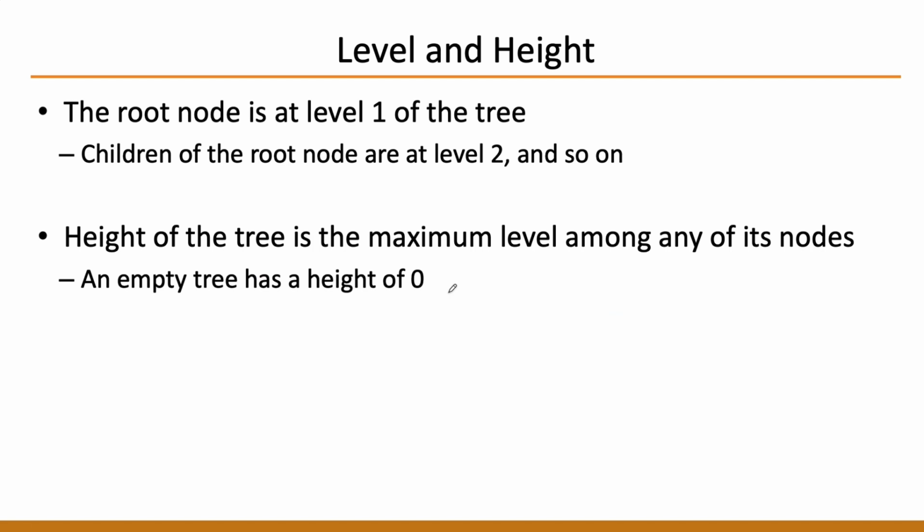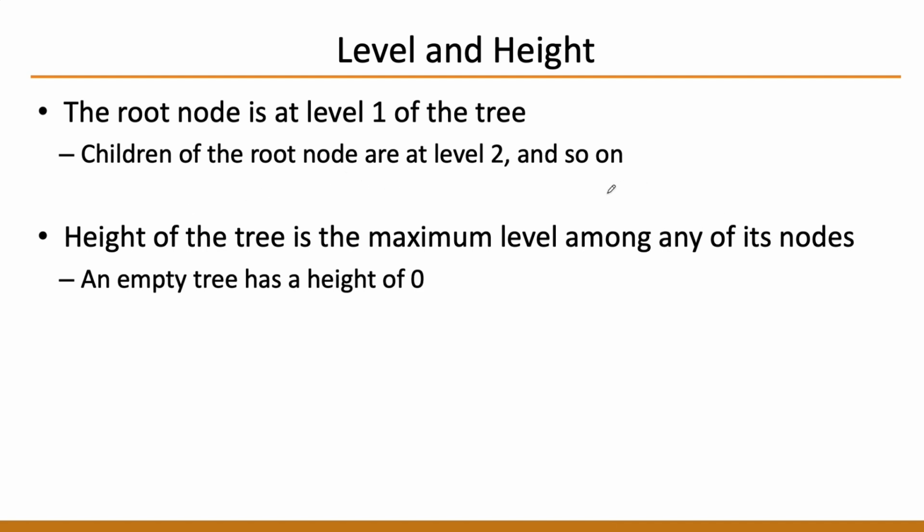So just to get the terminology aligned, because I think different textbooks or different articles may define these two properties, level and height, slightly differently. Throughout this particular lesson, when we refer to the level, it will start from 1, right? So the root level, which is the highest level, will be level 1. And then the children of the root level will be one level more.